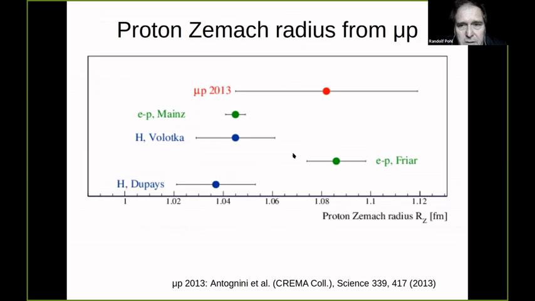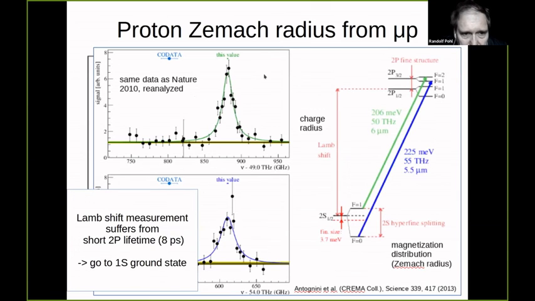You get this uncertainty. Then there are two different ways of evaluating the elastic electron-proton scattering result. And here is our, as I said, crude measurement from muonic hydrogen Lamb shift transitions. And our goal, so here is the data for the proton charge radius.